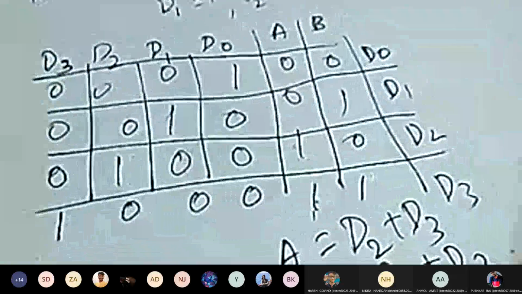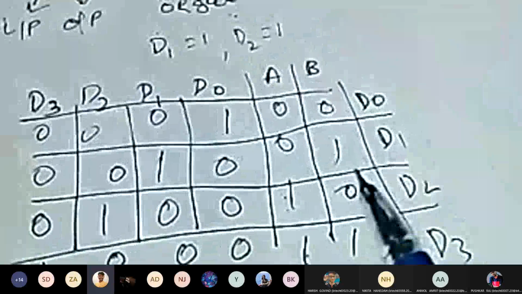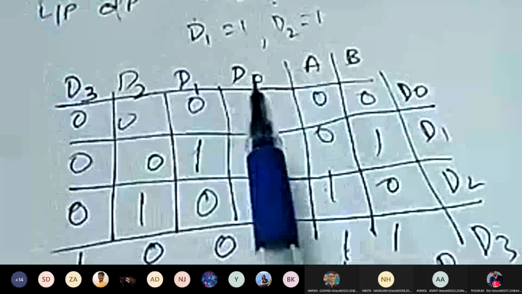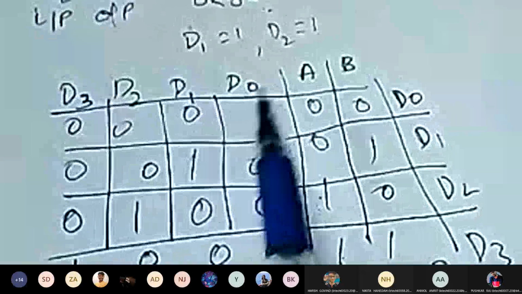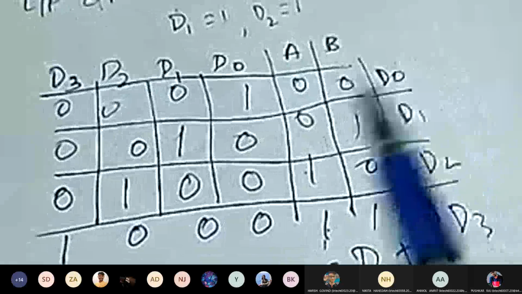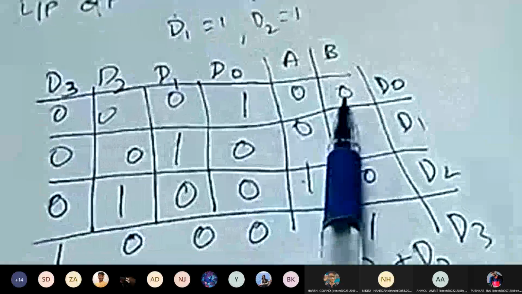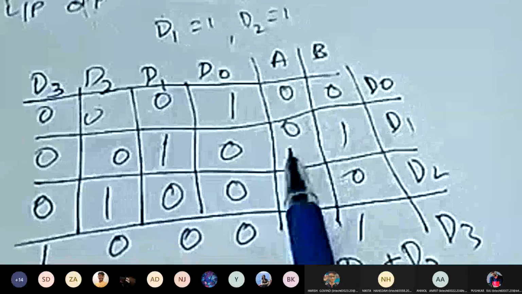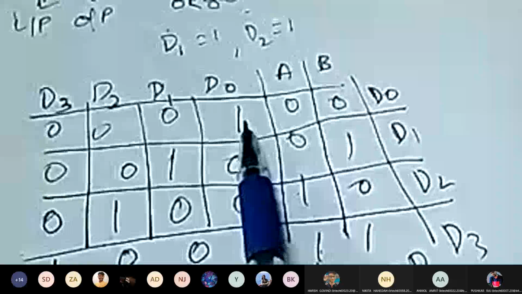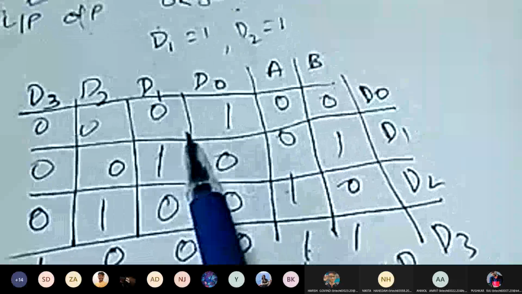Suppose this type of condition comes, that D0 is also high and D1 is also high. How will you get the value? For D0, the output will be 00, and for D1, the output will be 01. So D0 is high and D1 is also high, so both the inputs became high.